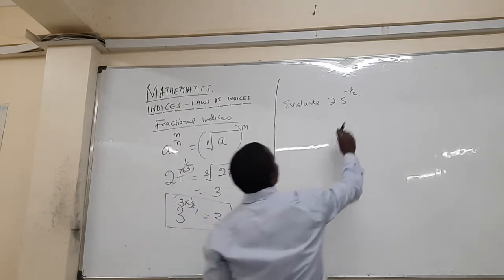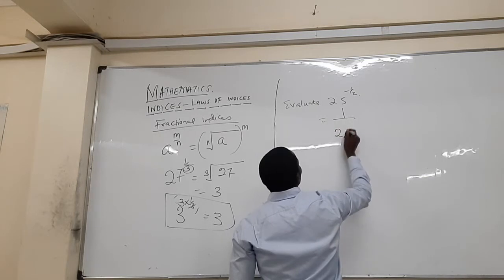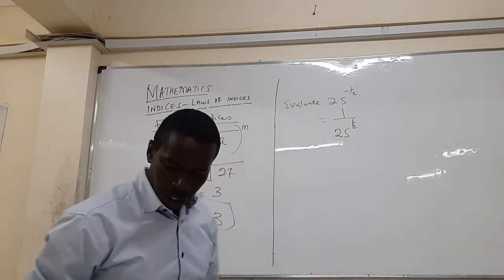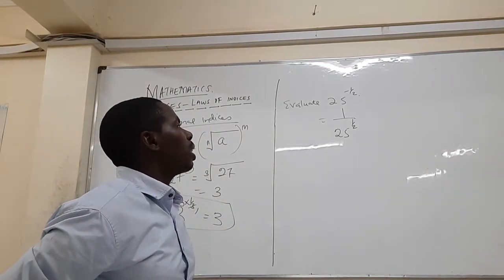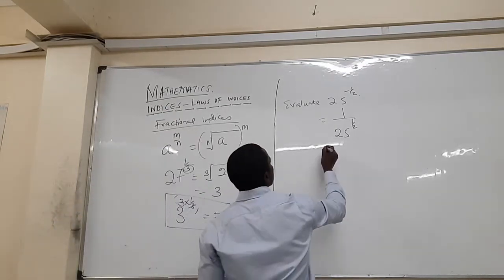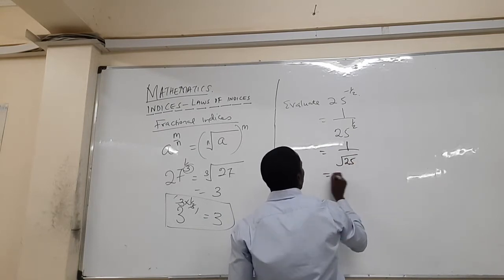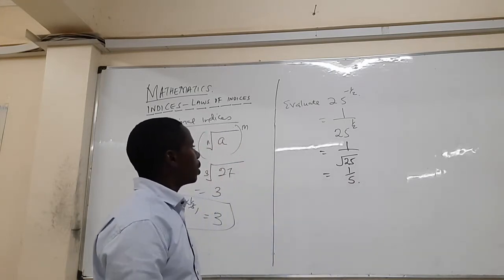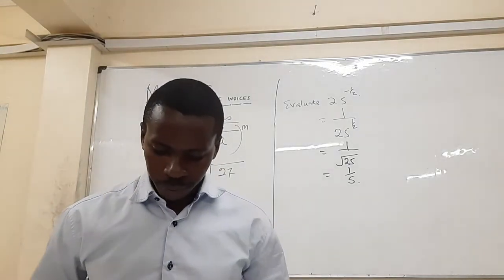So you can write 25 power minus a half as 1 over 25 power positive a half. Now, power half is the square root of 25. So this is the same as 1 over the square root of 25, which of course is equal to 1 over 5. That's how we go about solving that kind of question.